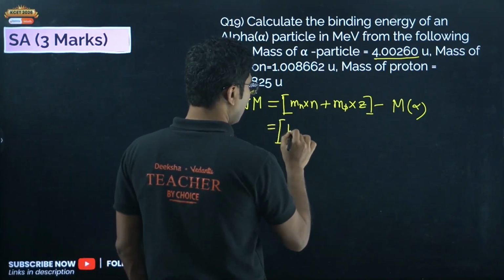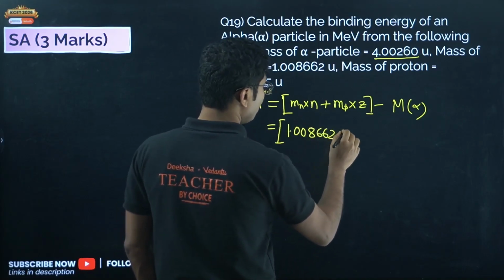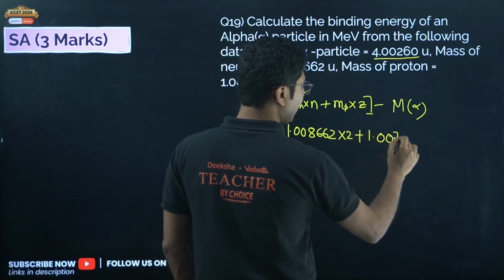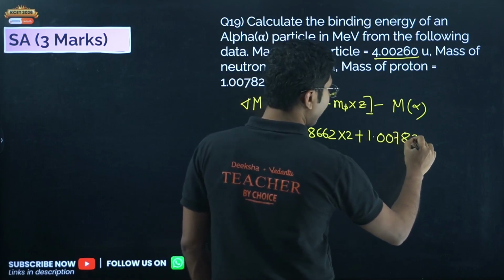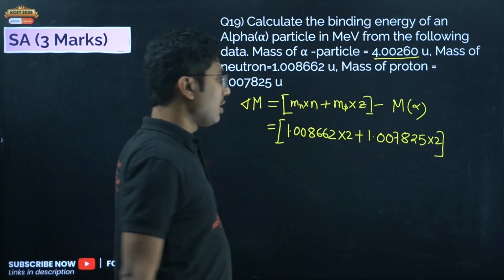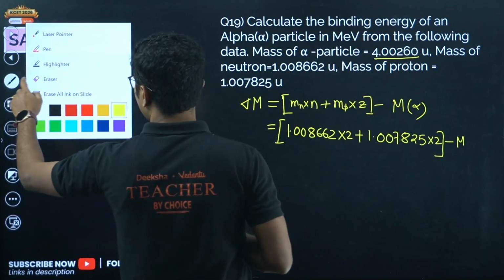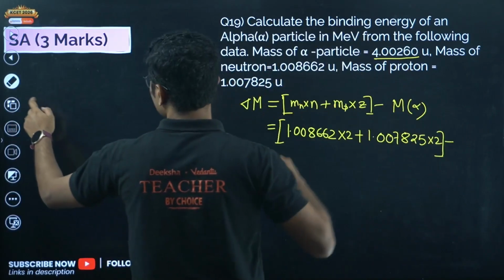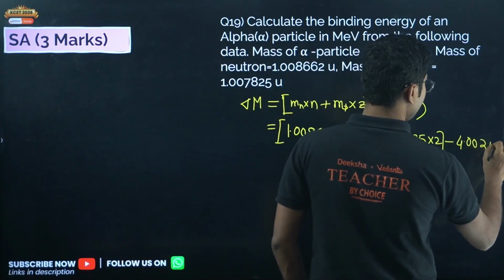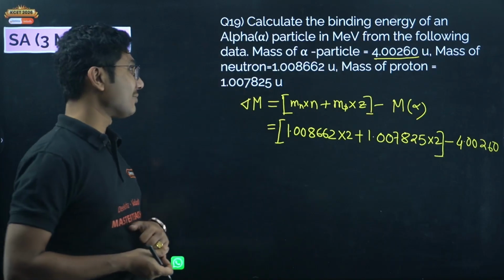So it will be 1.00866 into 2 plus 1.007825 into 2. This is the rest mass of the nucleons, but when they form the alpha particle itself, the mass reduces to this value, which is 4.00260.